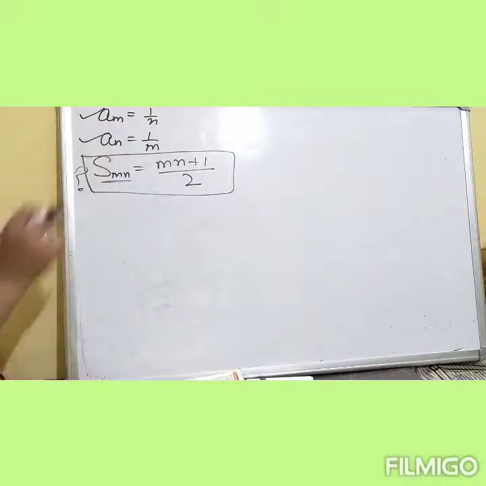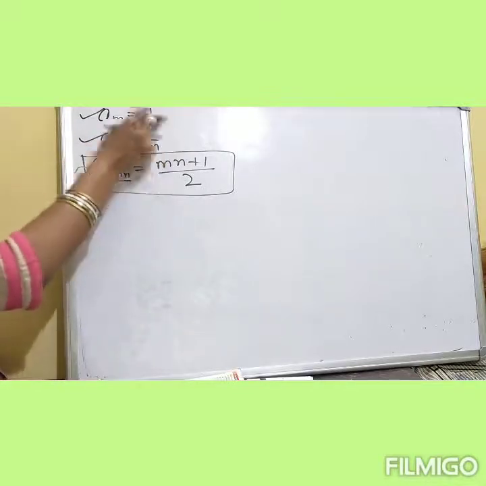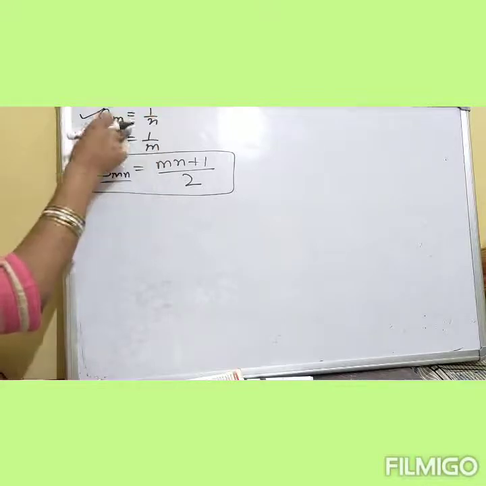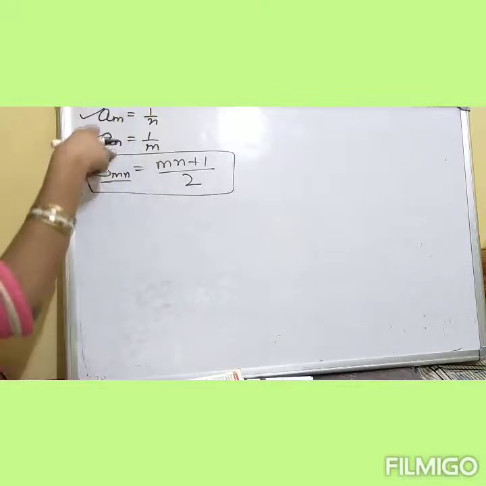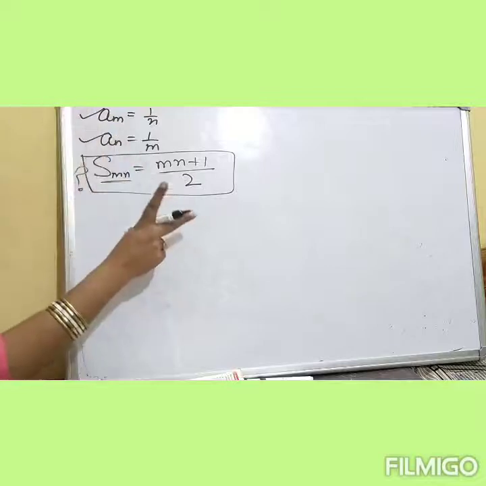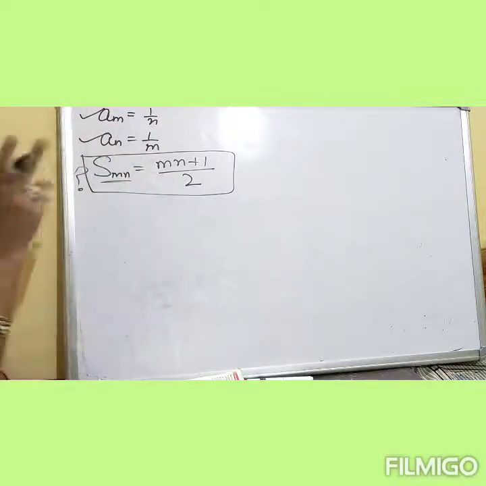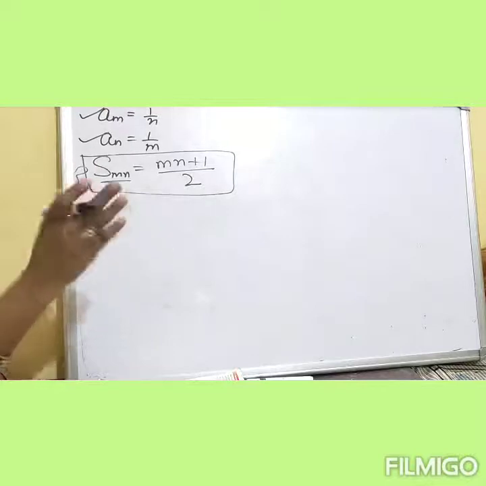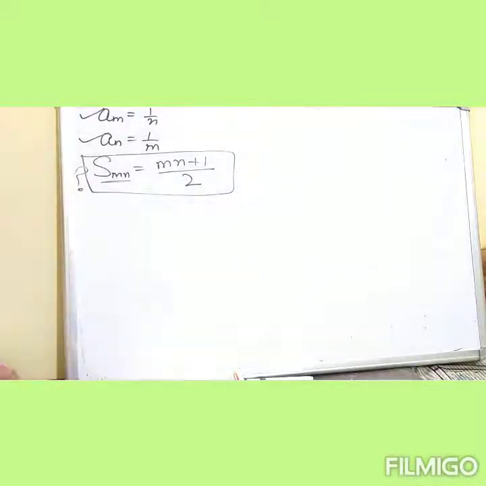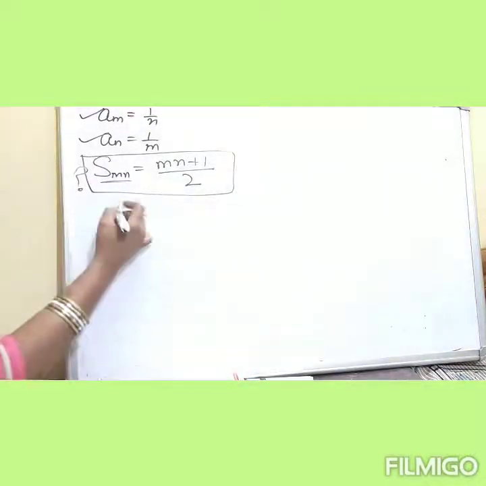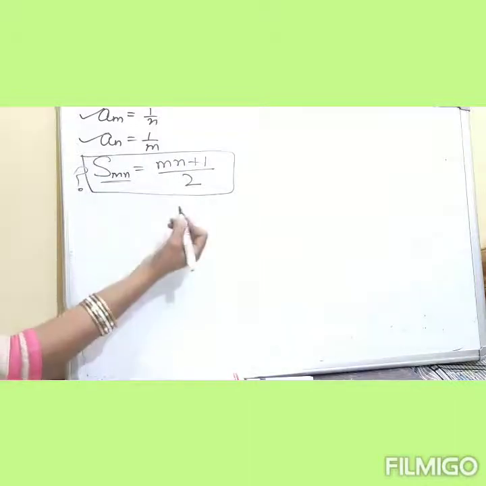Because we are given these two things, we will apply a formula first in this one and then in this one. We'll make two equations, solve them, and get the values of a and d one by one. So let us see how we have to do that, because we have the formula for the nth term.